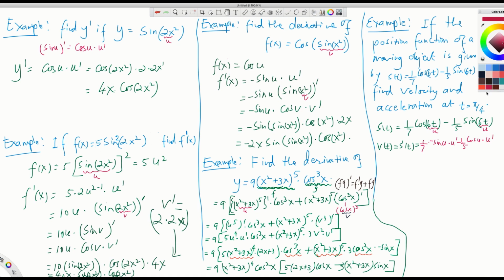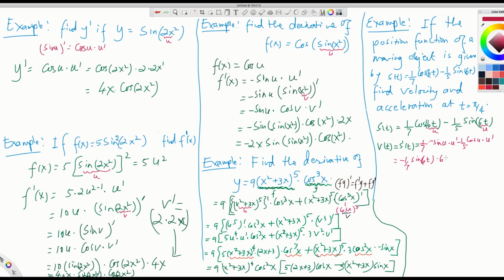So let's plug the values back in. We get negative 1/7 sine 6t, because u is 6t, times the derivative of u. What is u prime? The derivative of 6t is just 6, because this is a function of t and you are finding the derivative with respect to t.